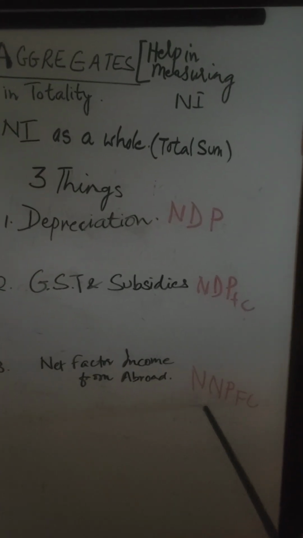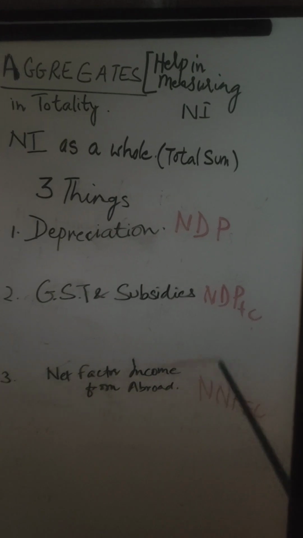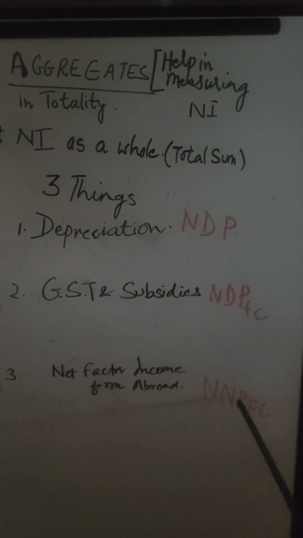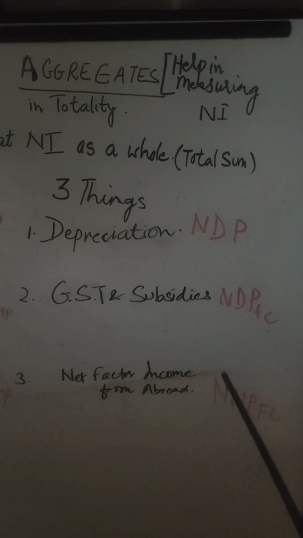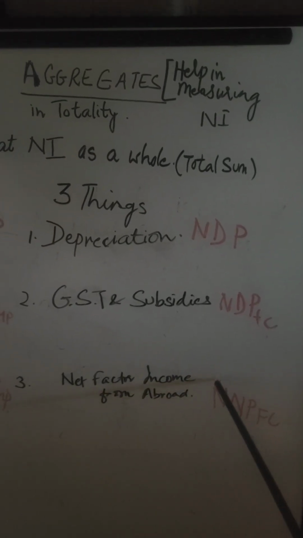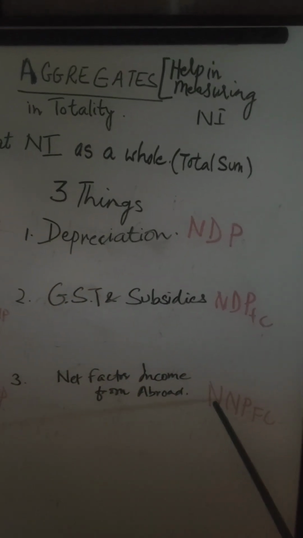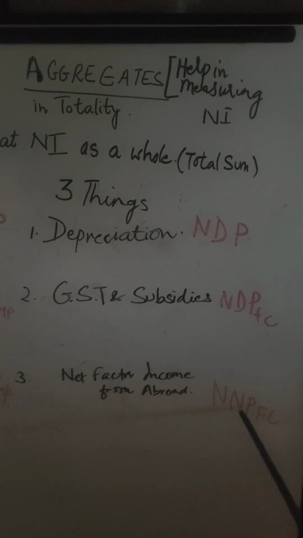And here you have NNP FC. That means you take the domestic product and add net factor income from abroad, and it becomes national product, but it has no value of depreciation. That's why it's called net. This aggregate becomes net national product.